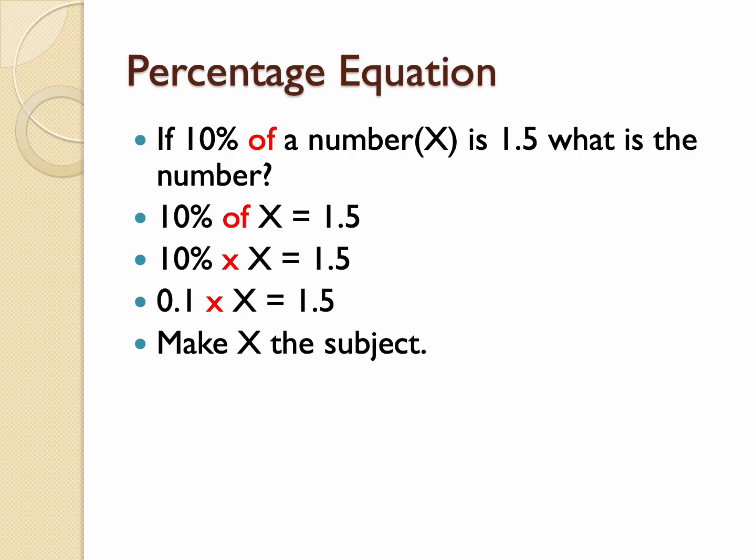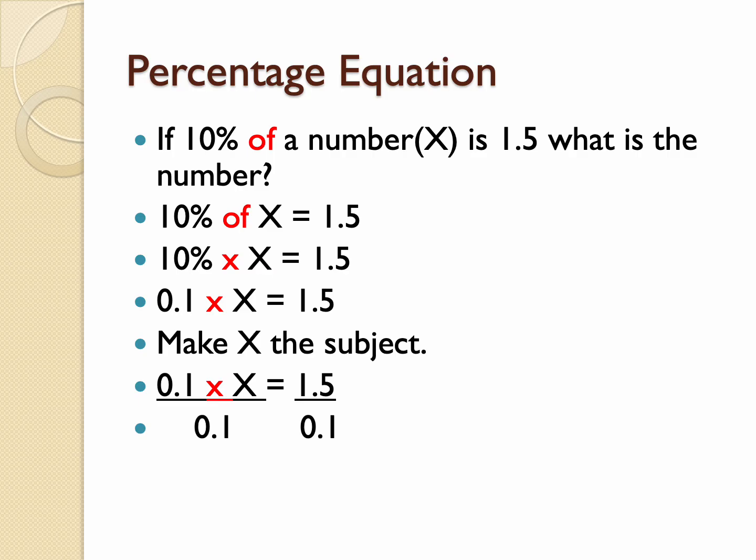Since 0.1 is being multiplied by x, to get rid of it, we can divide by 0.1. But because we have an equation, whatever we do on the left side, we must also do on the right side, because otherwise the equation will be unbalanced. So we divide both sides of the equation by 0.1.